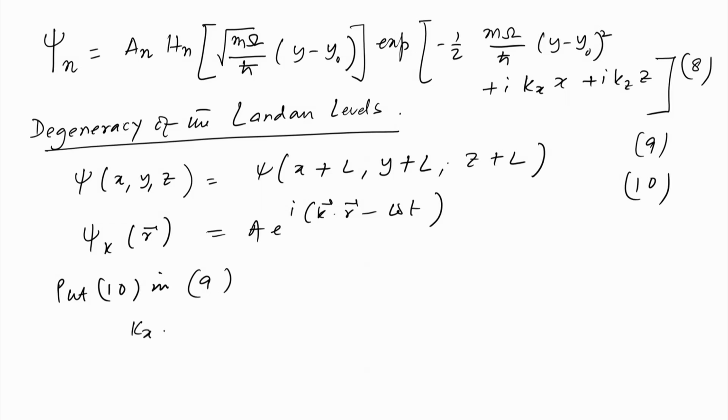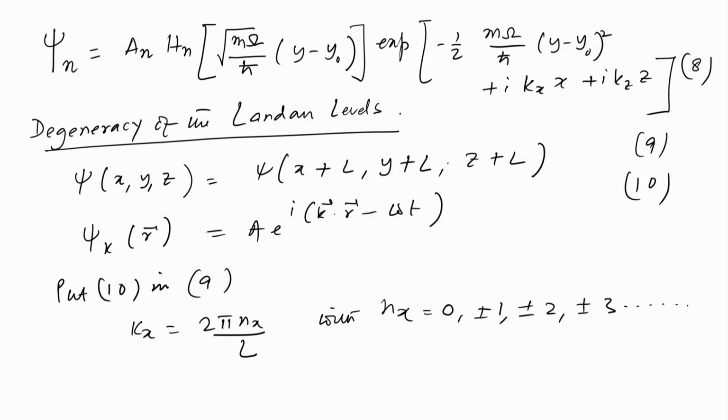one gets k x equal to 2 pi n x over L with n x equal to 0, plus minus 1, plus minus 2, plus minus 3 and so on. So, of course, there is otherwise a continuous spectrum, but it becomes discrete for a confined particle.